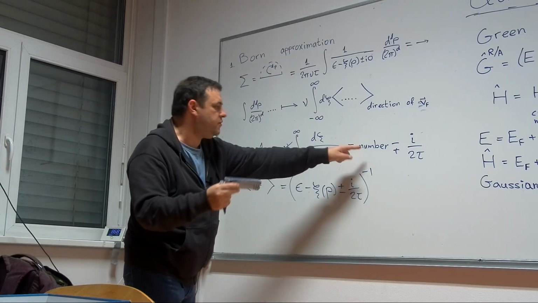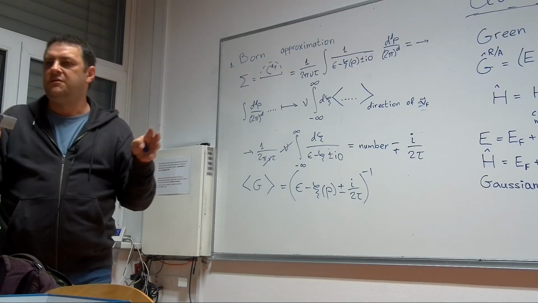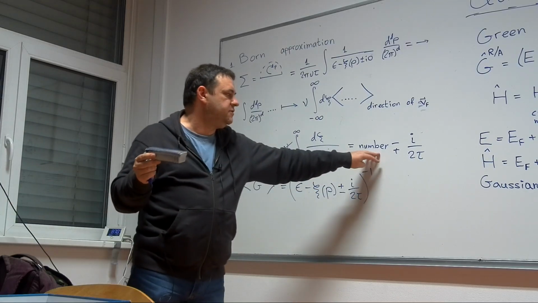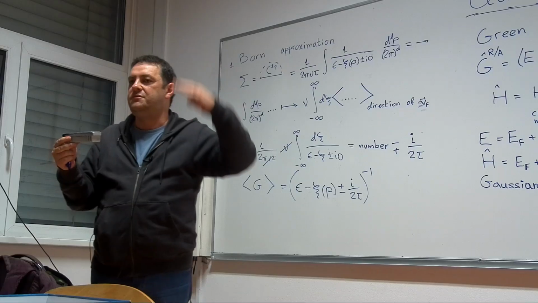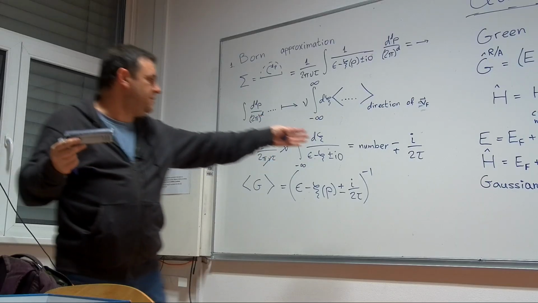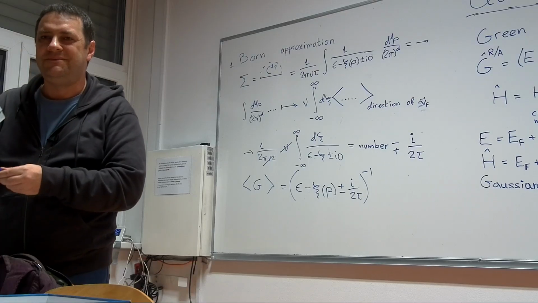So this number, I just absorbed it into epsilon. I said epsilon was a number. It was counted from the Fermi energy, but I added a new one, so my Fermi energy shifted, if you like. I didn't know where it was anyway. So if you add any number, it will just be a new definition of Fermi energy.